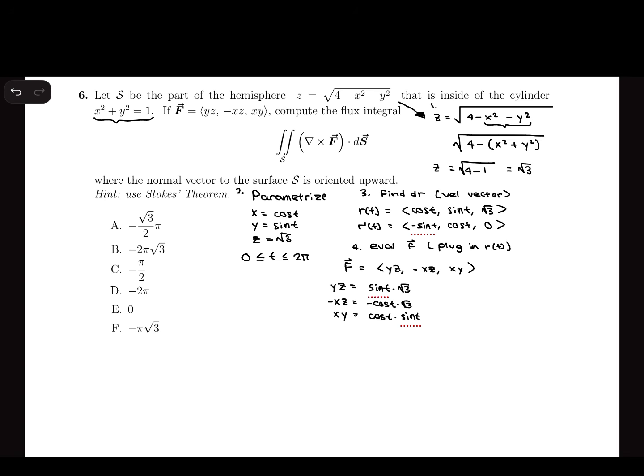Okay, so due to this, we know that our vector f is going to be square root of 3 sine t, negative square root of 3 cosine t, and cosine t sine t. Incredible. So that was step 4.